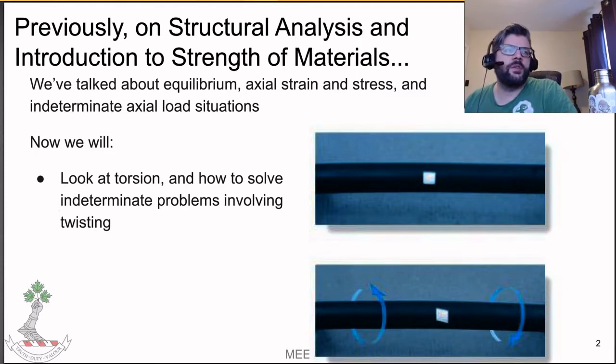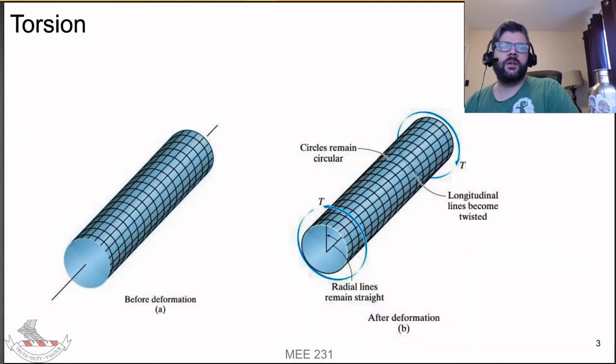In general, the way torsion causes deformation is you're going to get a certain angle of twist after you apply the torque to it. Any lines drawn along the length of the object get twisted.